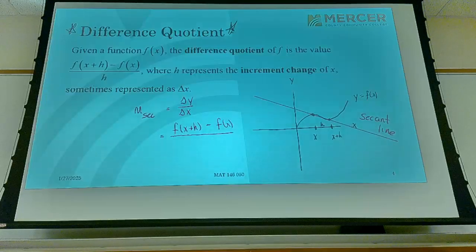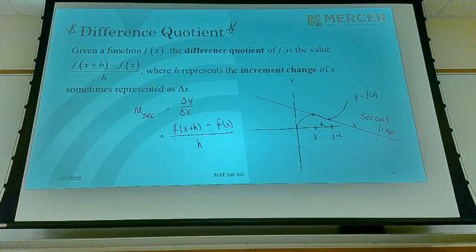What's x minus x? Isn't that just the difference quotient? So the difference quotient geometrically represents the slope of the secant line between the 2 points. It also has a physical interpretation that we'll examine later.